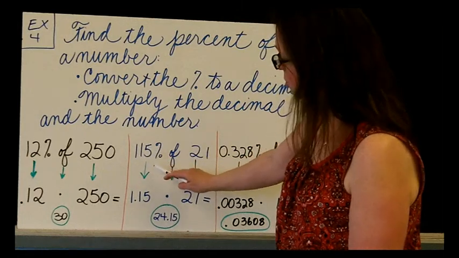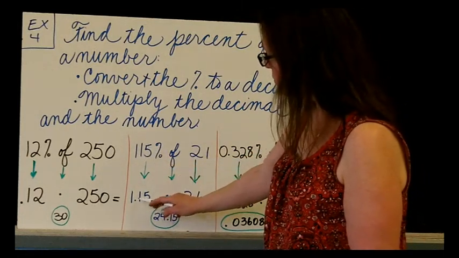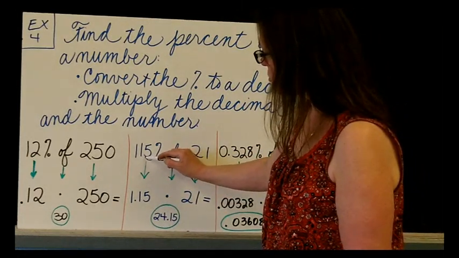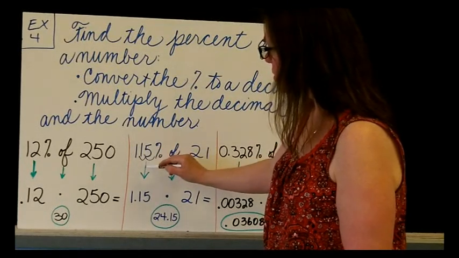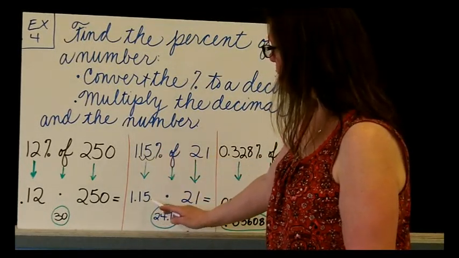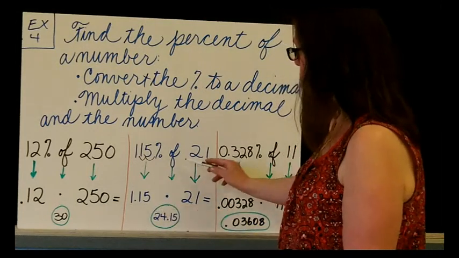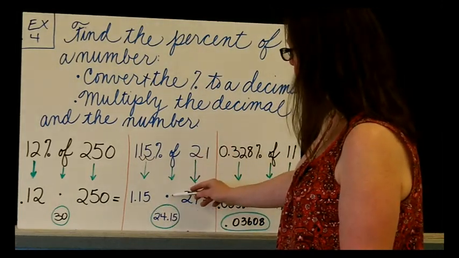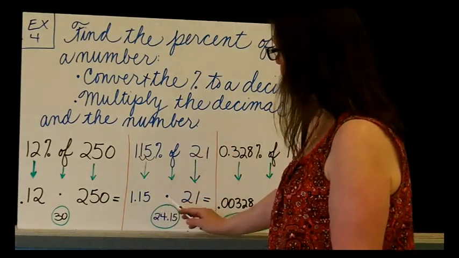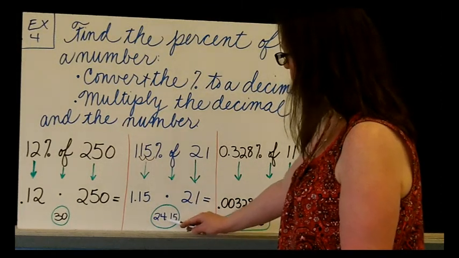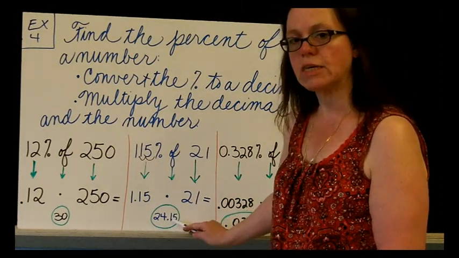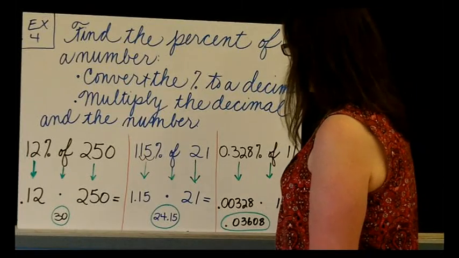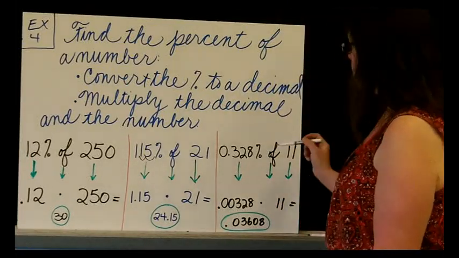So our 115% in a decimal, because we would move the decimal 2 places to the left, becomes 1.15. And again, the word of means to multiply. So 1.15 times 21 is 24.15.